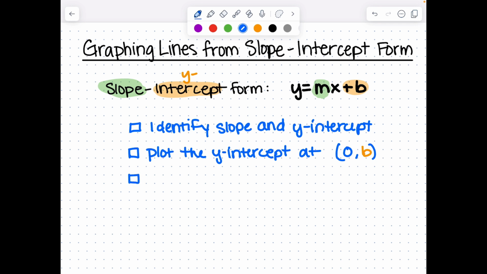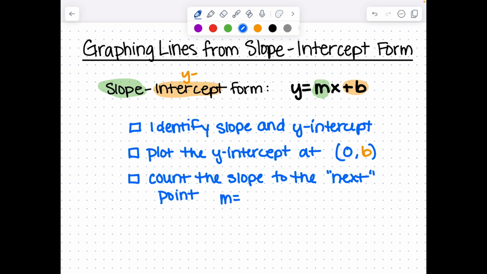Then from there, we're just going to count the slope to the next point, remembering that m equals the change in y over the change in x, or rise over run.